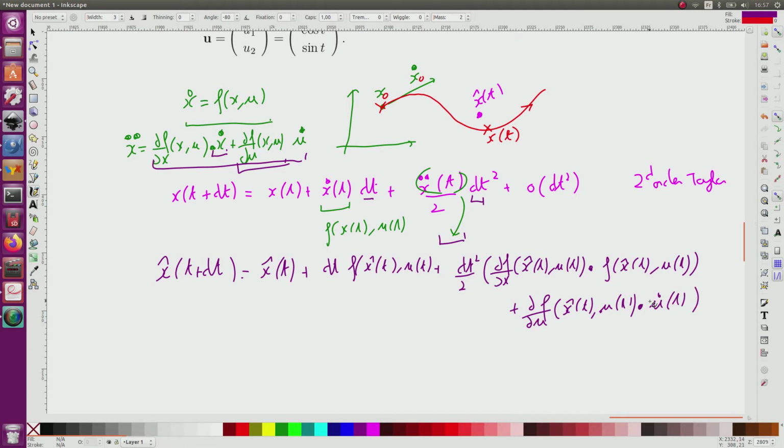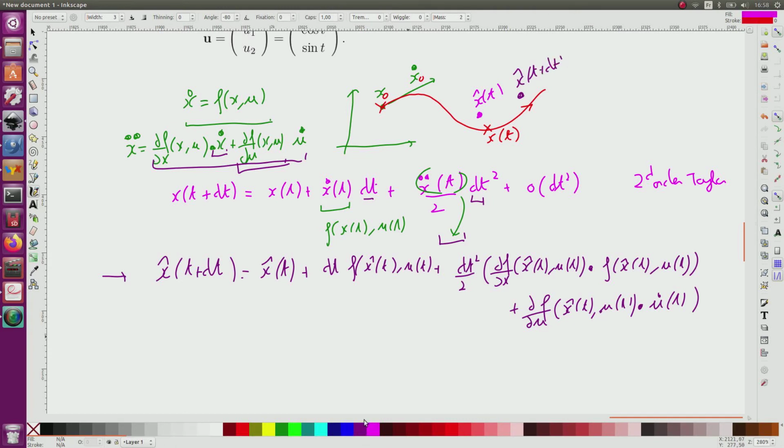So from this integration chain, I know that if I have an approximation of x hat, I am able to compute the approximation x hat of time t plus dt.